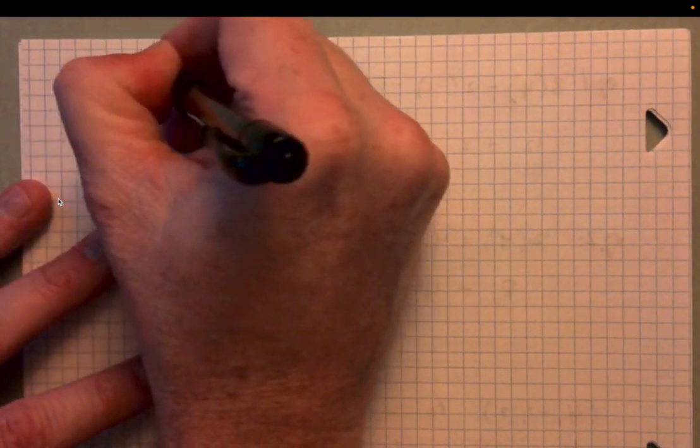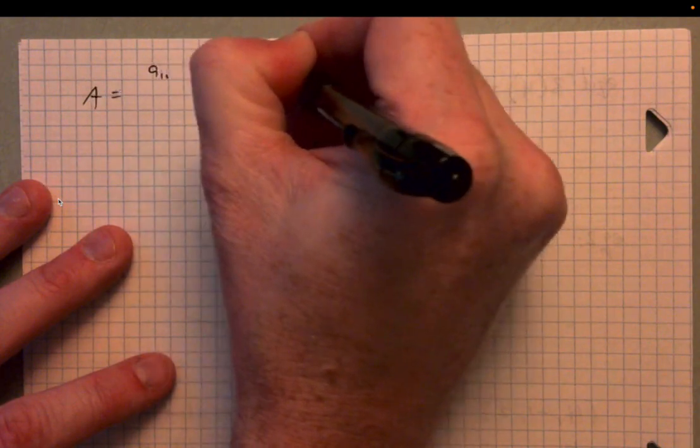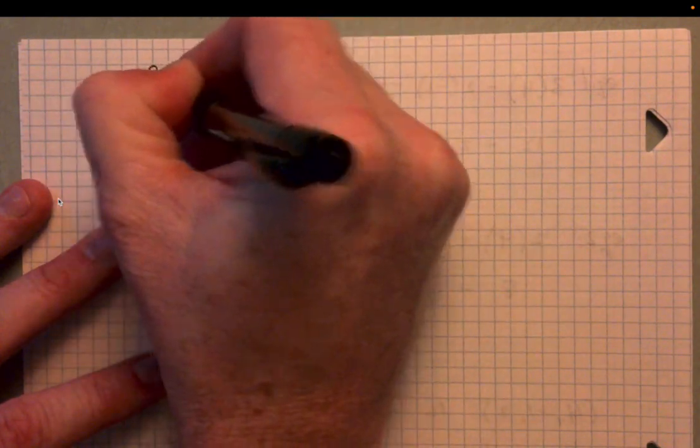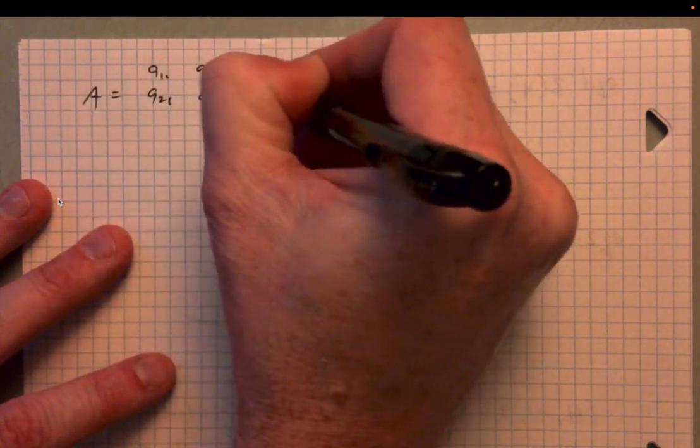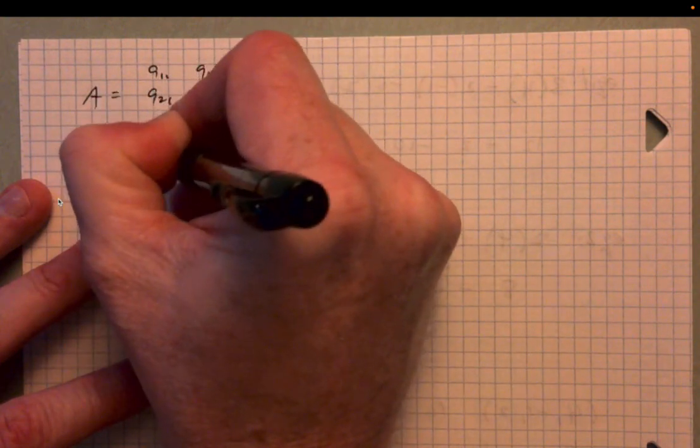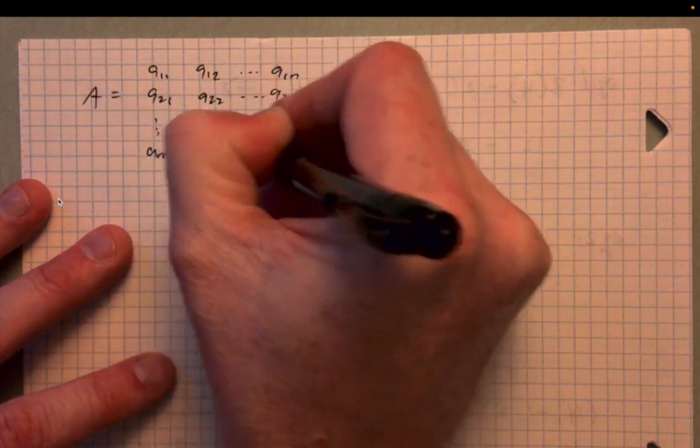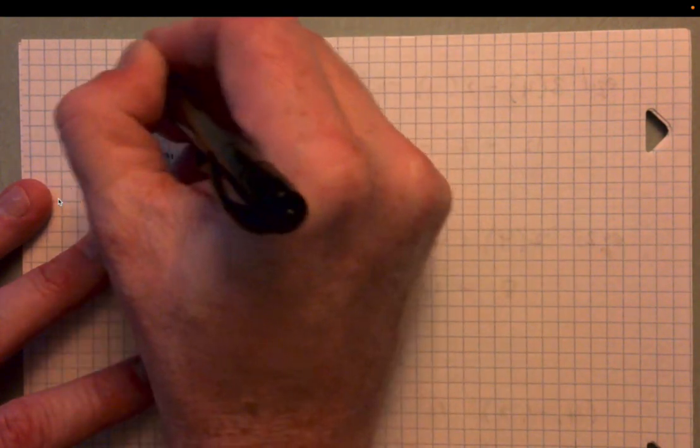All right. Let's take this a little bit further. I'm going to rewrite our coefficient matrix A: A11, A12, dot, dot, dot, A1n, A21, A22, dot, dot, dot, A2n, Am1, Am2, dot, dot, dot, Amn.